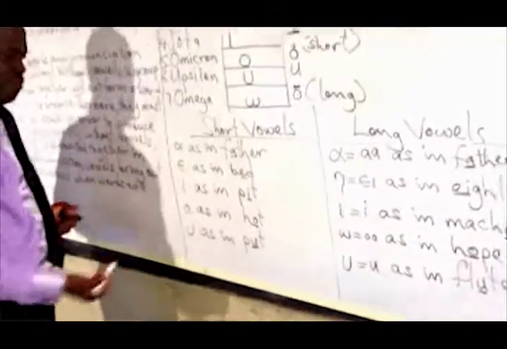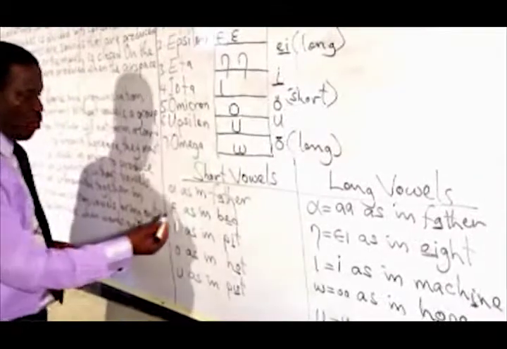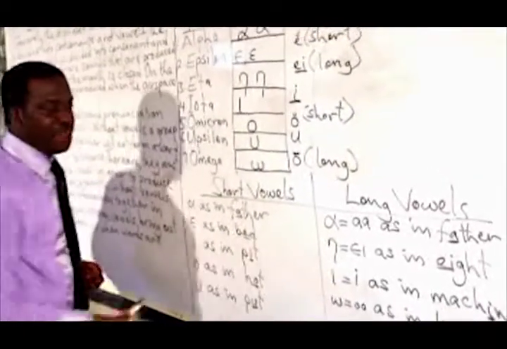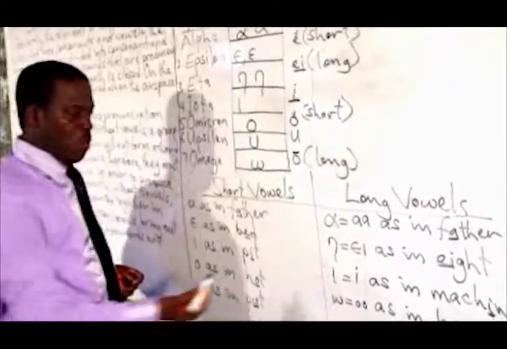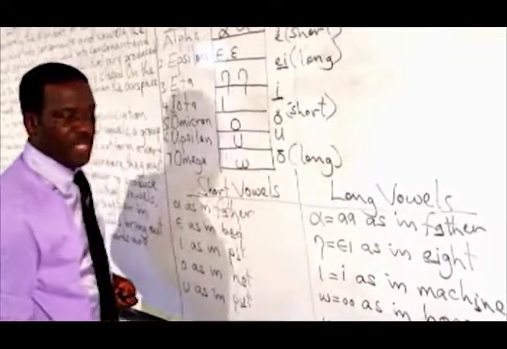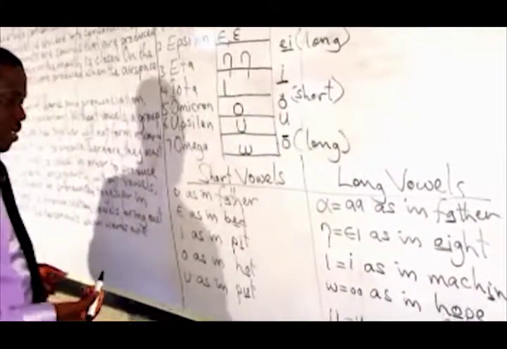Then we'll come to the E vowel. The short one, which is epsilon, sounds as in bed, while the long one is eta, and eta sounds as A, as you pronounce the A in eight.